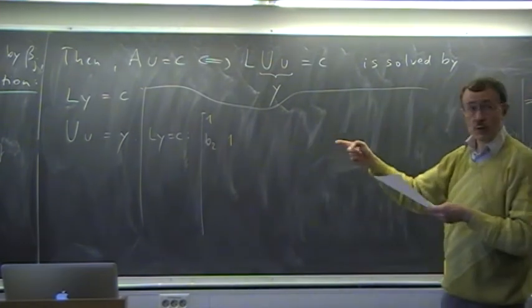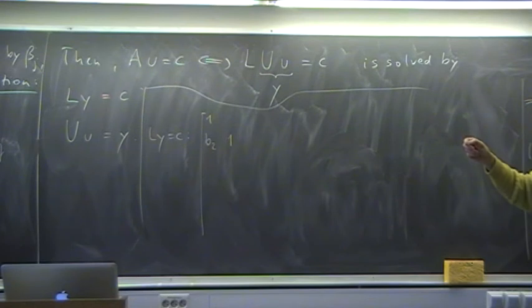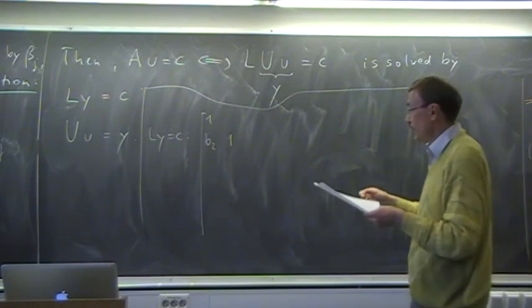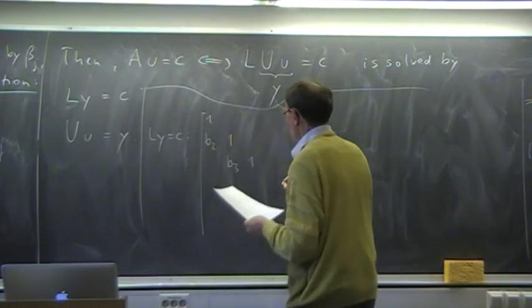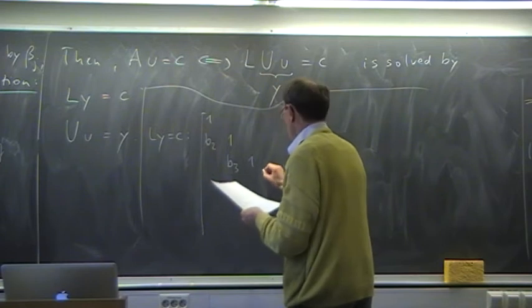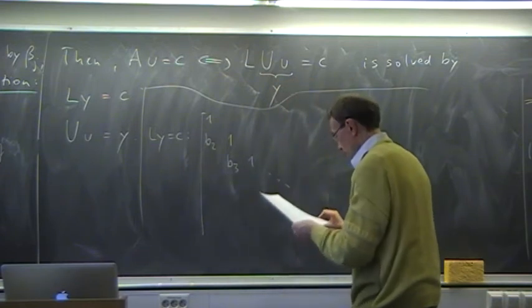You see, I use now the notation with the overwritten ones. It should be the beta 2, and so on, but I use already the overwritten notation here. B3, 1, and so on. Then we end up in the right corner.